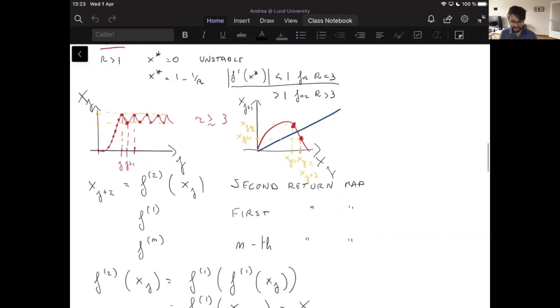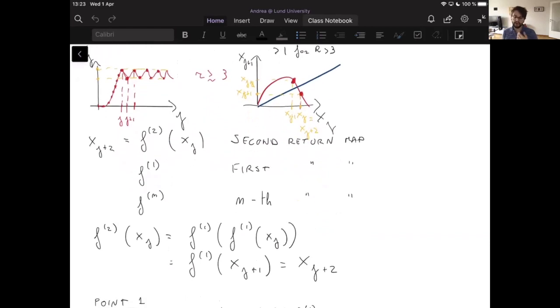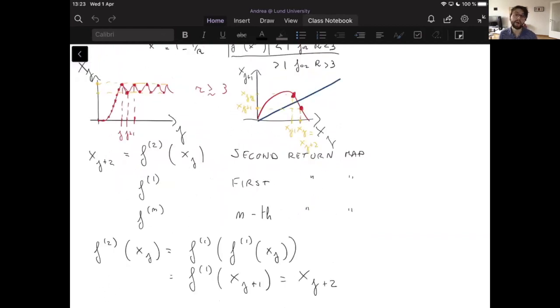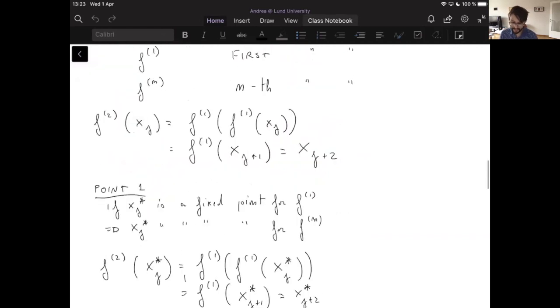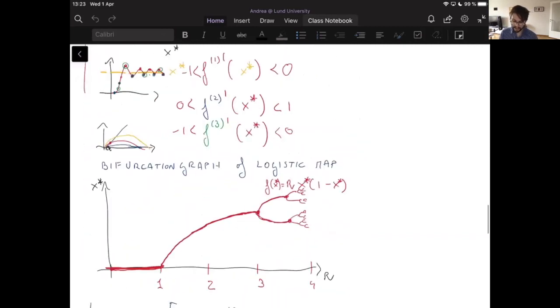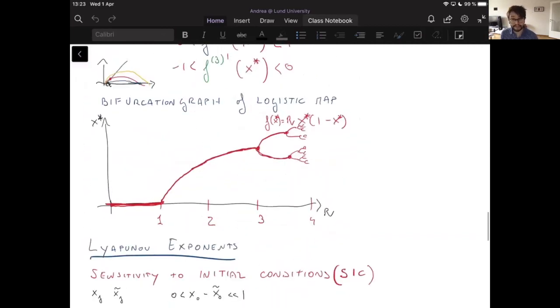And if the R is greater than 3, then your fixed point splits in two, and you have this up and down oscillating solution between two solutions. This can be studied as a fixed point of the second return map. And then the more you increase the R, the more you increase the number of fixed points for the nth return map.